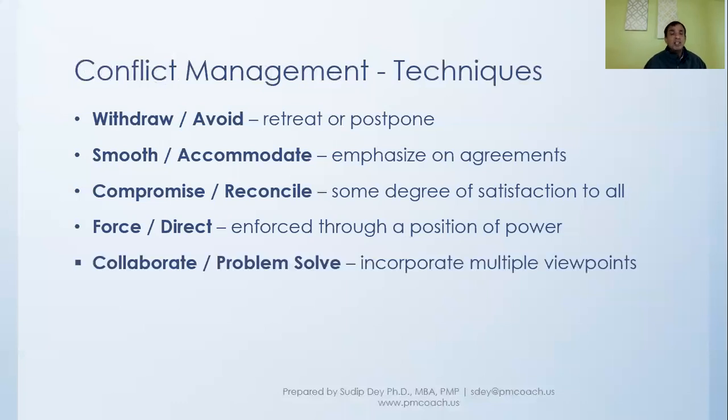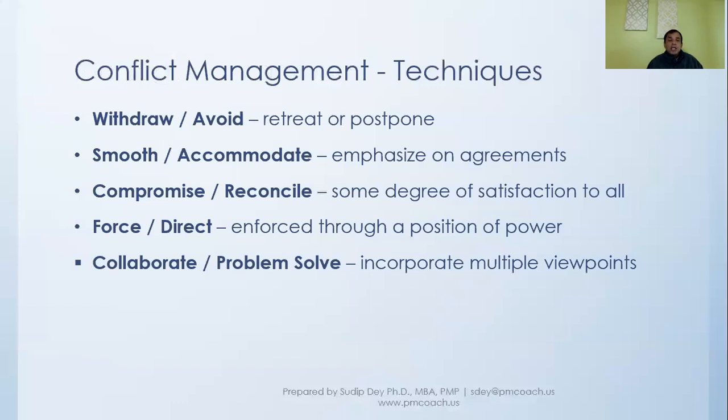And then finally, there is collaborate or problem solving, where the different sides come together, look at it logically and objectively, and look at the different viewpoints and bring them together to solve the problem. It is done with a long-term view, and both sides help in getting a good solution.